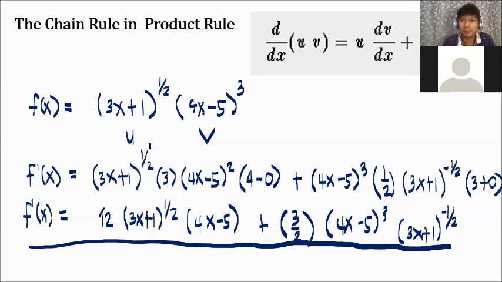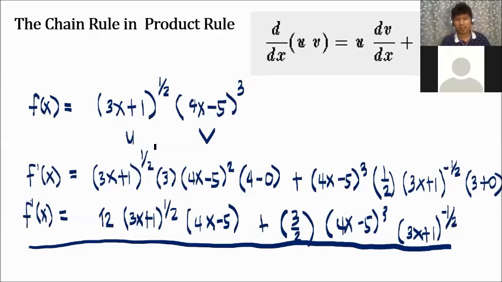Any question? So basically, in the problem, sir, we still got the same 3x, and then find the derivative of 4x minus 5 cubed, and then find the derivative of the derivative inside. Ganun po ba? Something like that. Yes.